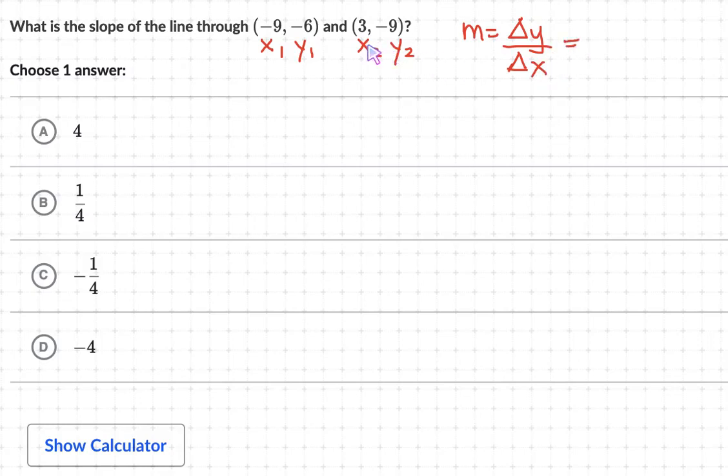And remember, I just have to go in the same order. So if I take this negative 6 and subtract this negative 9, I have to do the same thing for my x's. I have to go in that same order. So if I have negative 6 minus negative 9, on the bottom, I have to go in the same order, negative 9 minus 3.